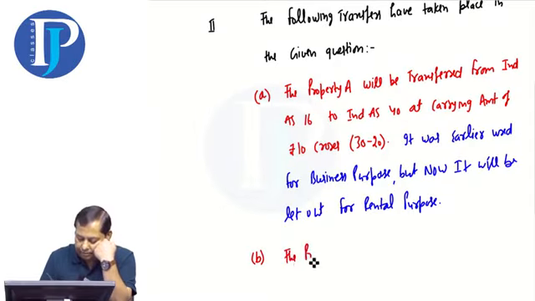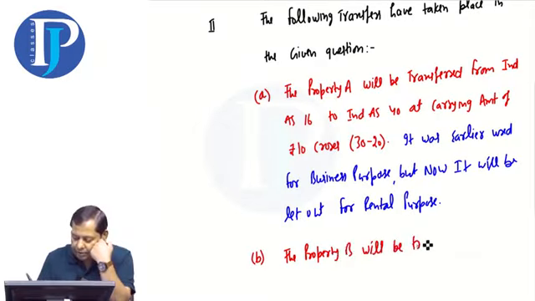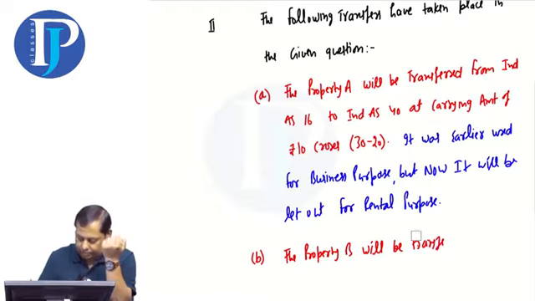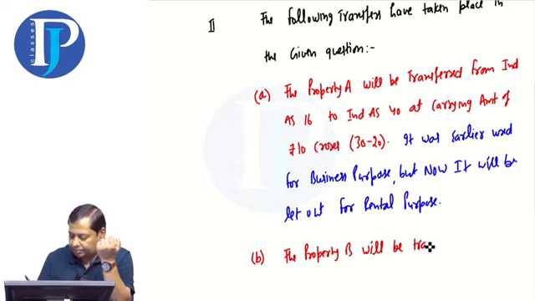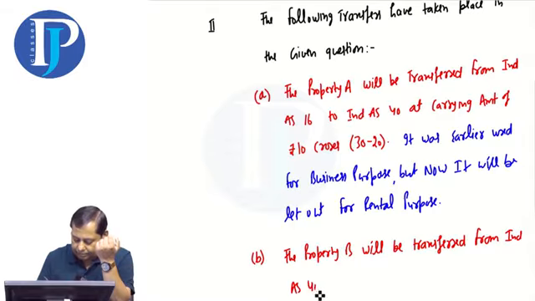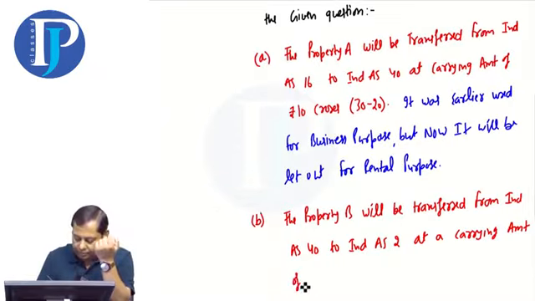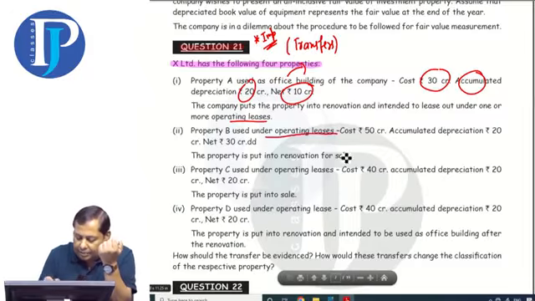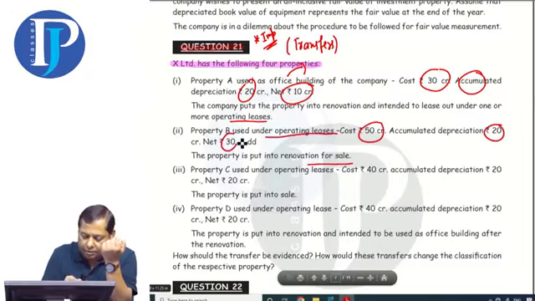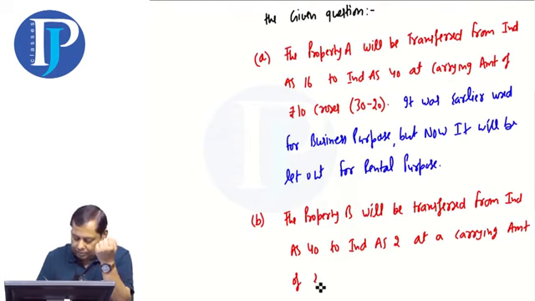The property B will be transferred from Ind AS 40 to Ind AS 2 at a carrying amount of, tell me, it was earlier on lease, now on sale, 50 crores, 20 and 30. 30 crores.